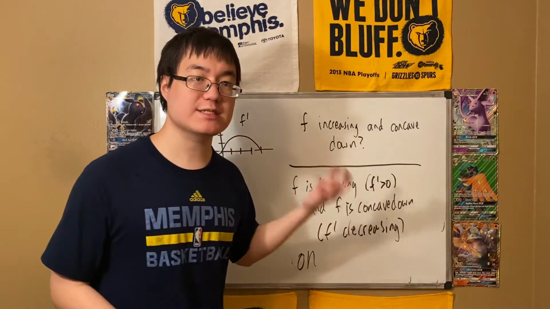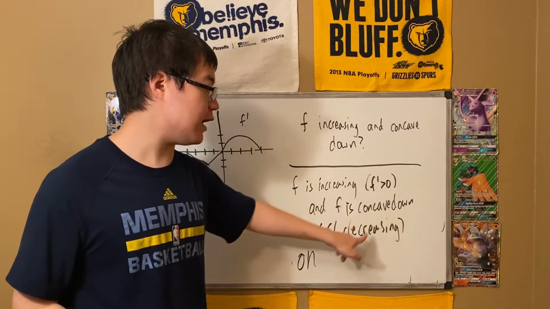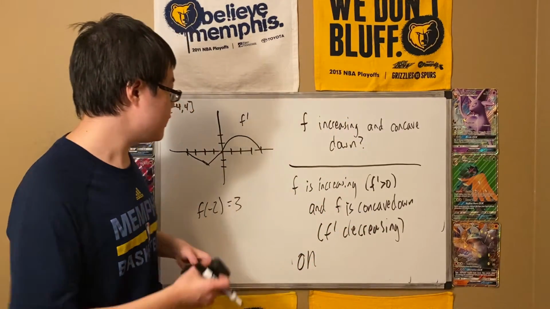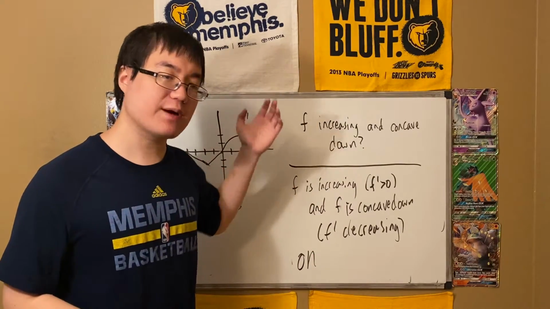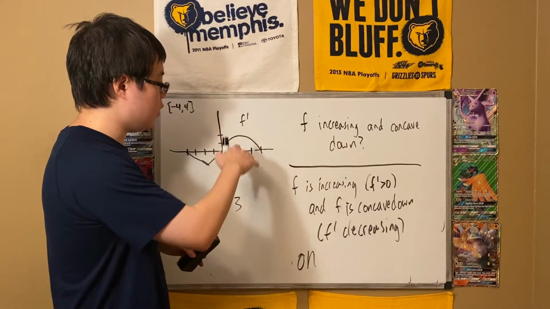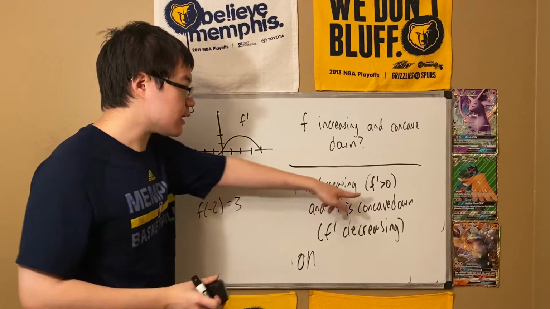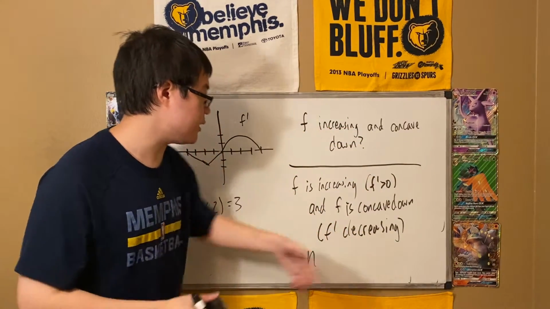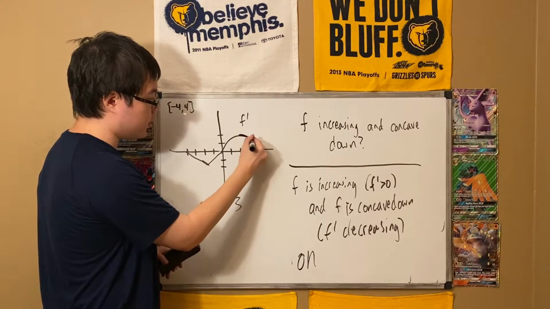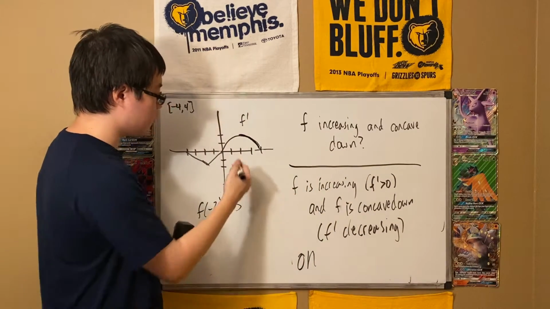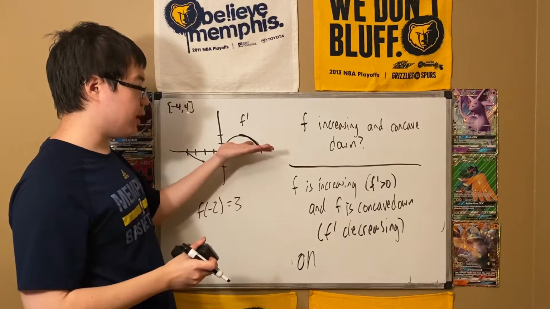But we're also looking simultaneously where f is concave down, which is where f prime is decreasing. So along this semicircle, we want to know where f prime is decreasing as well. So we want to know where the graph is above the line but still going down. So it looks like it's from here to here. Because notice that along this right half of the semicircle, we are definitely above the x-axis.